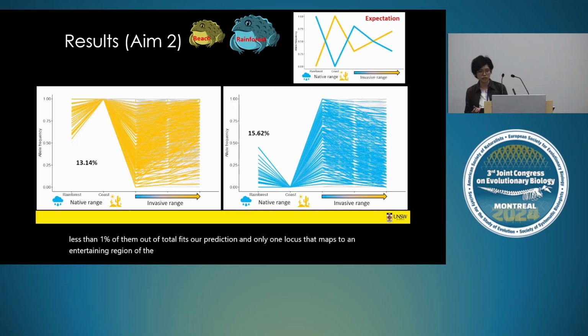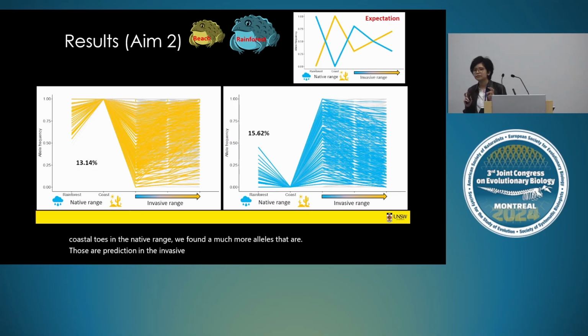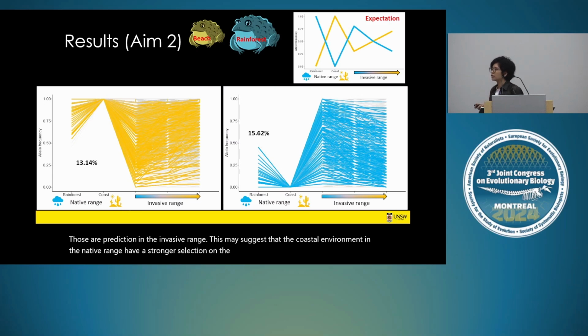In contrast, if we look at the alleles that are fixed in the coastal toads in the native range, we found many more alleles that follow our prediction in the invasive range. This may suggest that the coastal environment in the native range exerts a stronger selection on the toads. And of these alleles, I found 28 annotated genes.